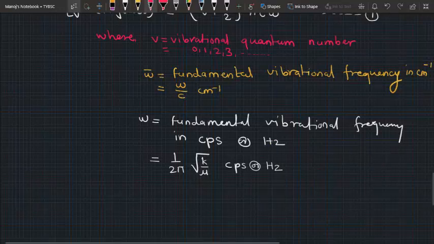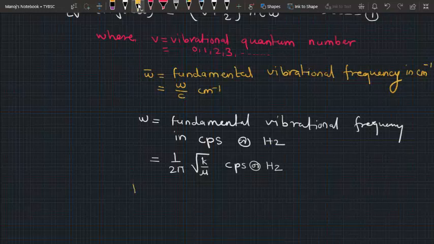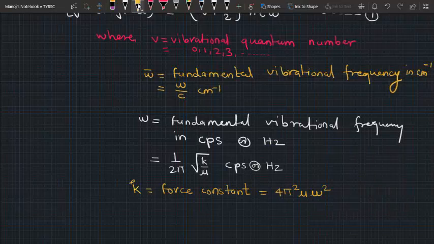This small k is equal to the force constant, which, if we rearrange this equation, is equal to 4 pi square mu omega square.